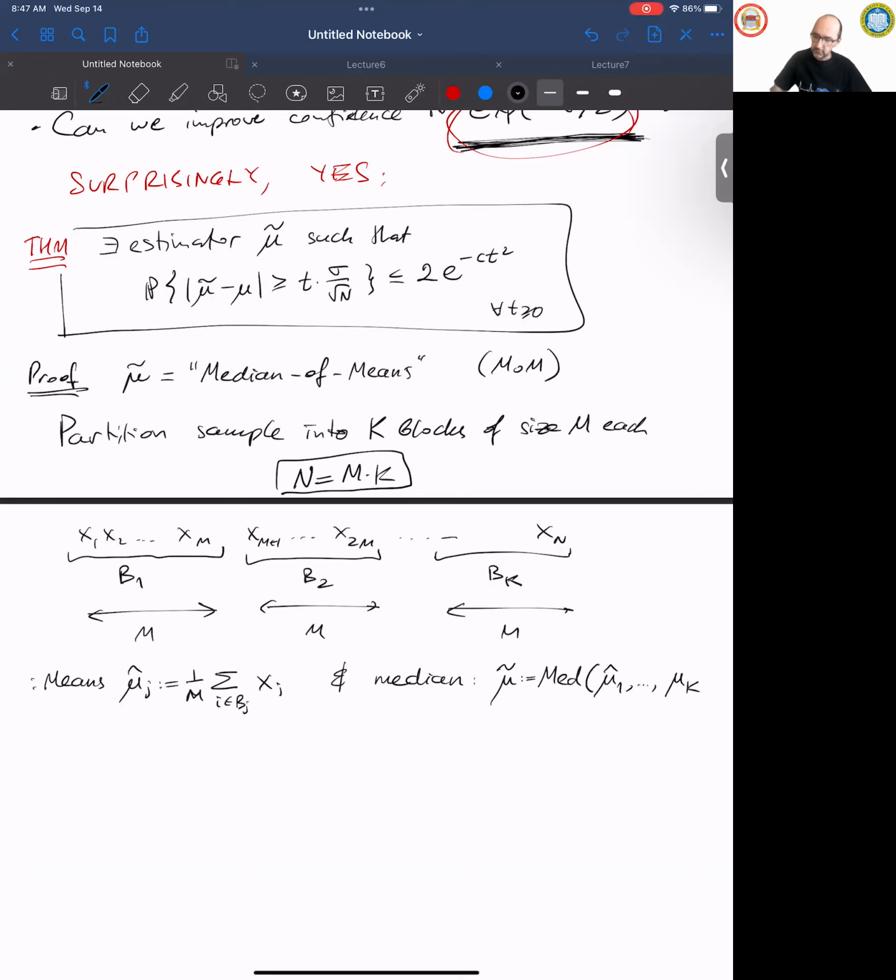Median of means. So we divide into blocks, take the means of the blocks. Now we have K numbers, and then take the median of these K numbers.